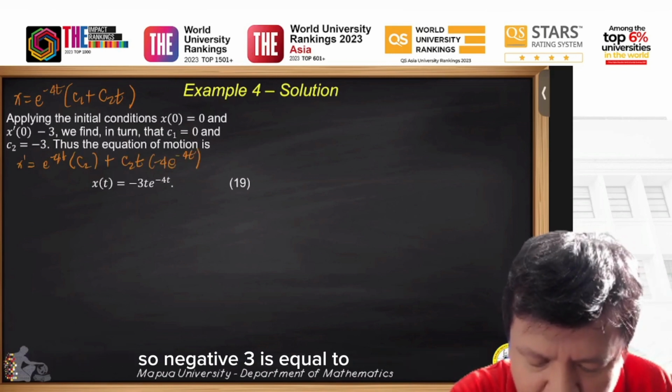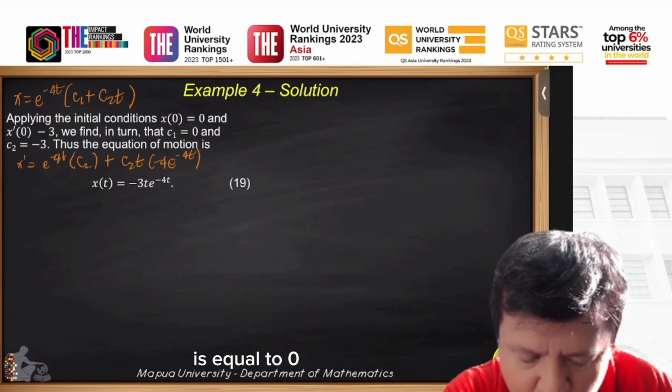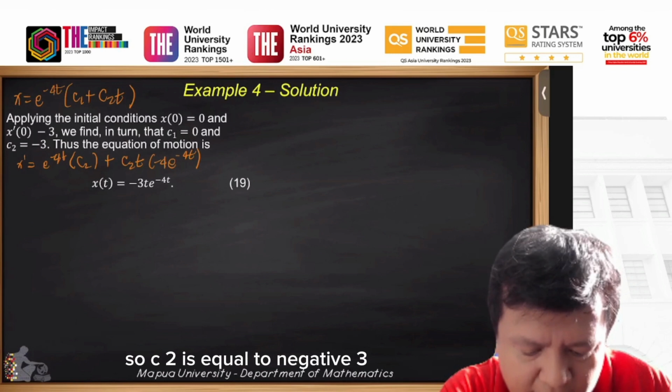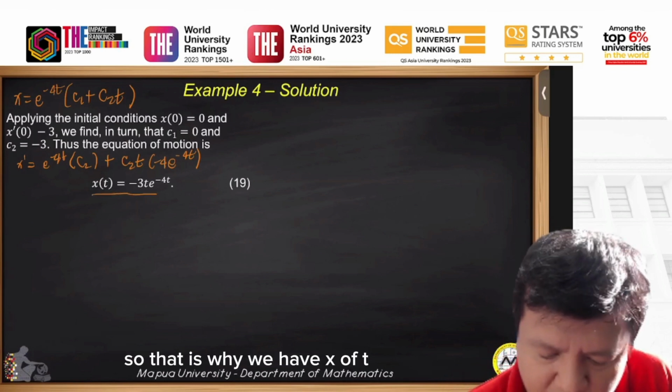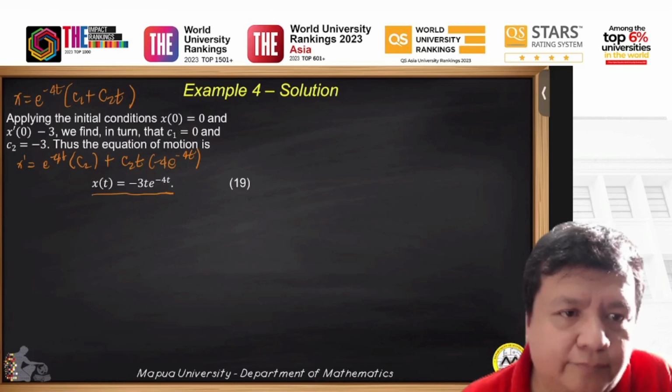So when we substitute t equal to 0, C2 is equal to negative 3. So that is why we have x of t is equal to negative 3t e to the negative 4t.